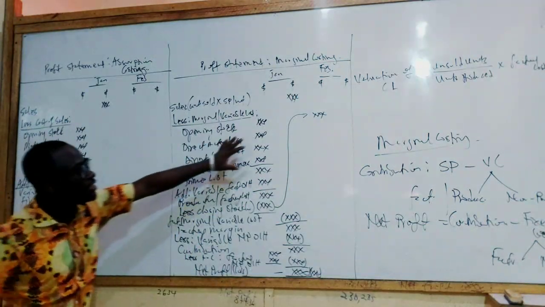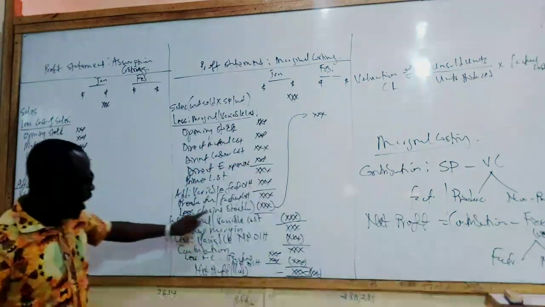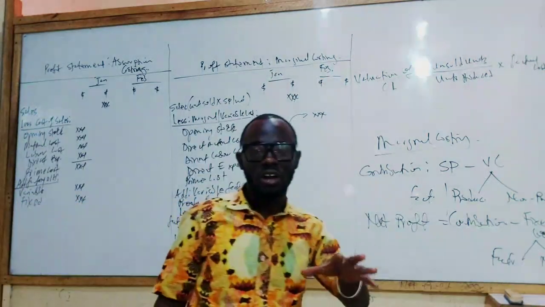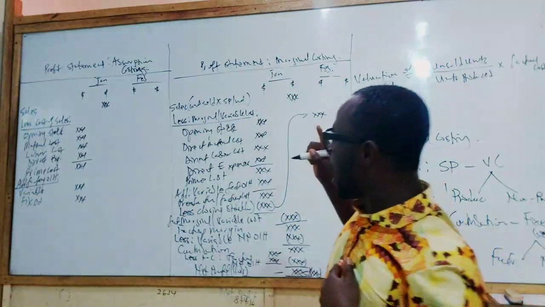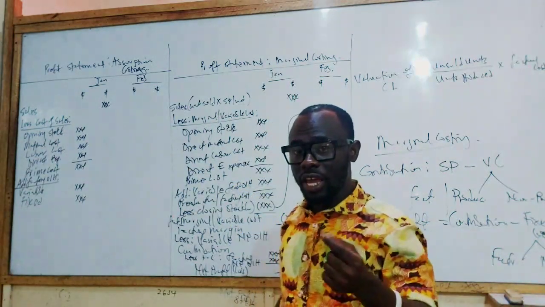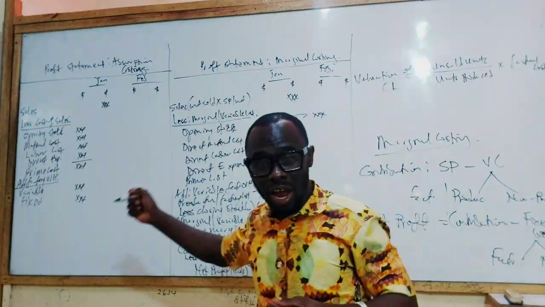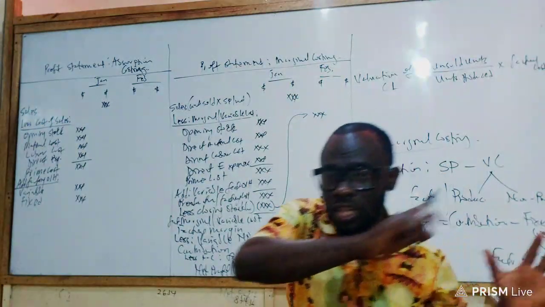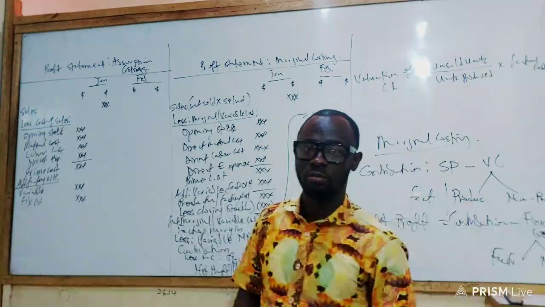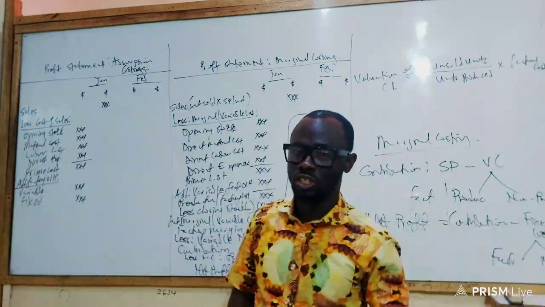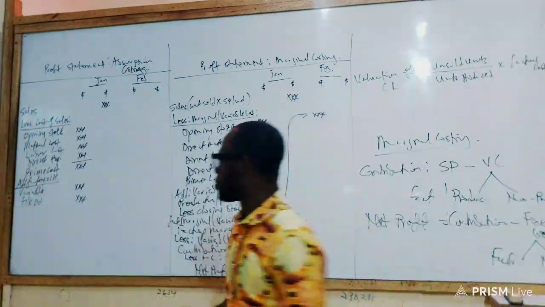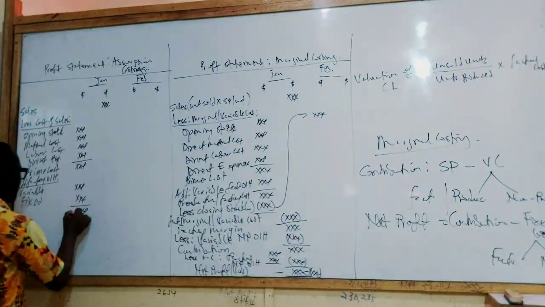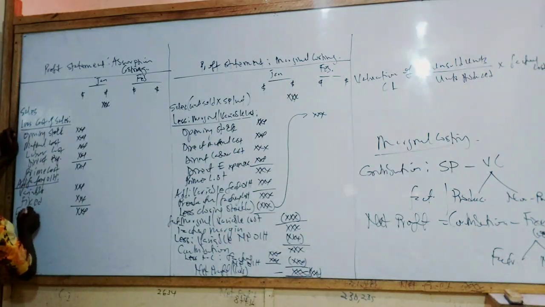If you realize under the marginal costing, add factory overheads, we only brought what? The variable factory overheads. But in absorption costing, what are we bringing? We are bringing both the variable and the fixed. Because all costs that we incur to the factory must be brought into the computation or determination of the total cost of the products. And so that gives us the factory or production cost.